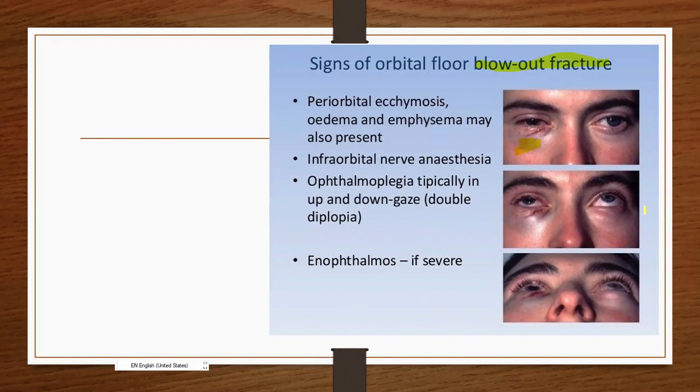So with infraorbital nerve involvement, you see the loss of sensation in the cheek. Next one is ophthalmoplegia, which is difficult or reduced eye movements. Because of that, they can have diplopia or double vision, specifically in up and down gaze. Then enophthalmos, if severe, that means the eye sinking into the socket. So these are the common features of a blowout fracture.